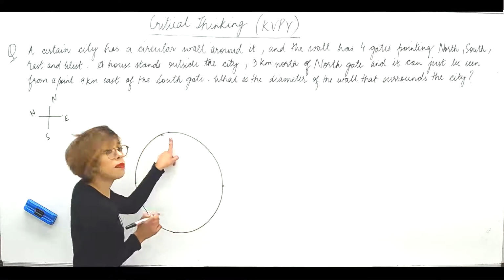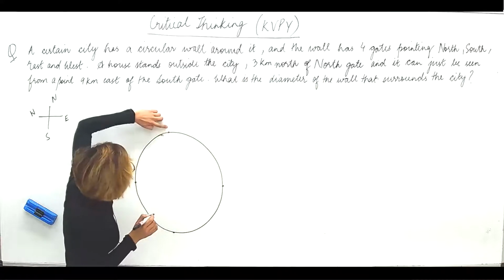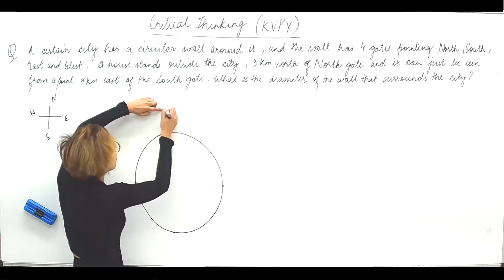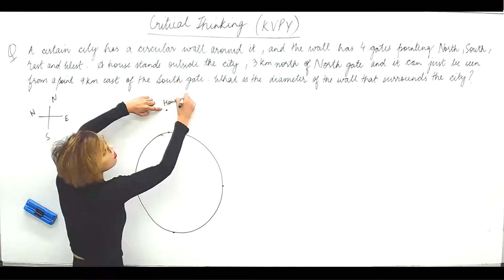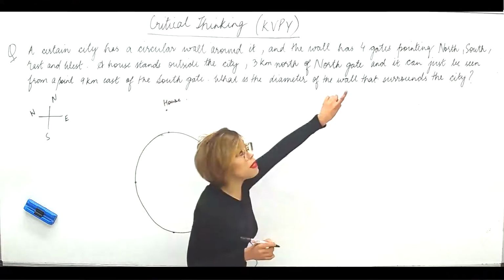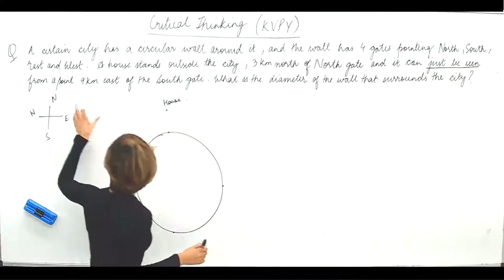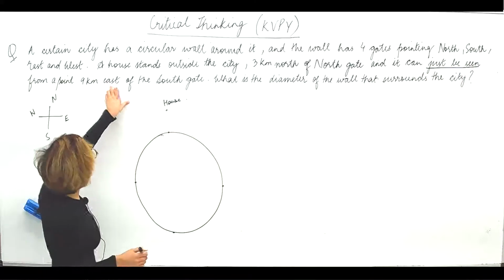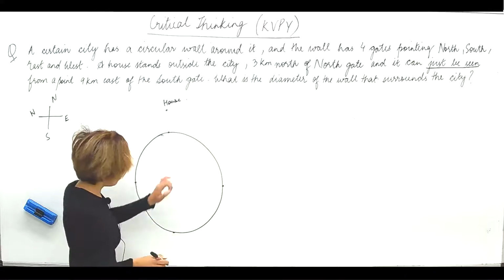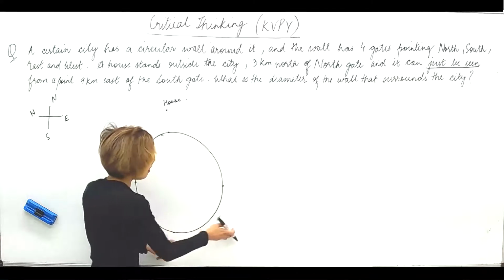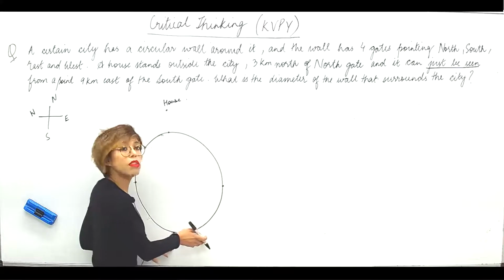So this is north, and north of it, maybe somewhere here, 3 kilometers. So here I have my house. And it can just be seen from a point 9 kilometers east of the South Gate. So this is south, and east of it, somewhere down here, I have to find that point.